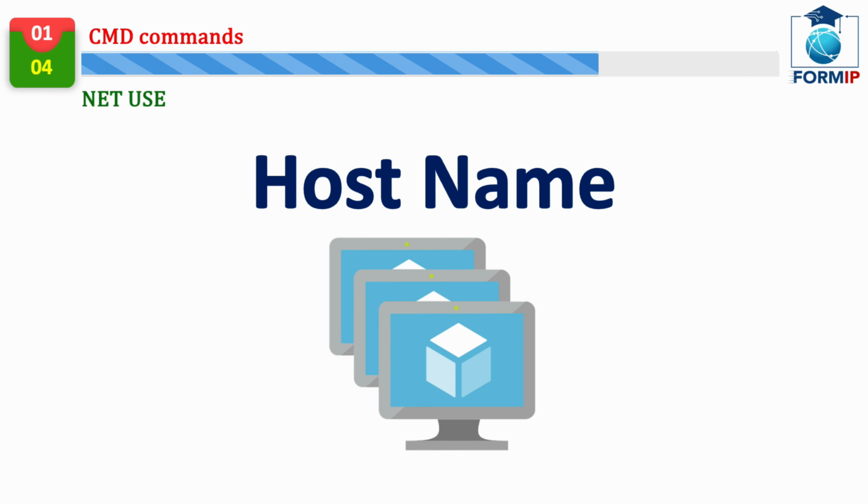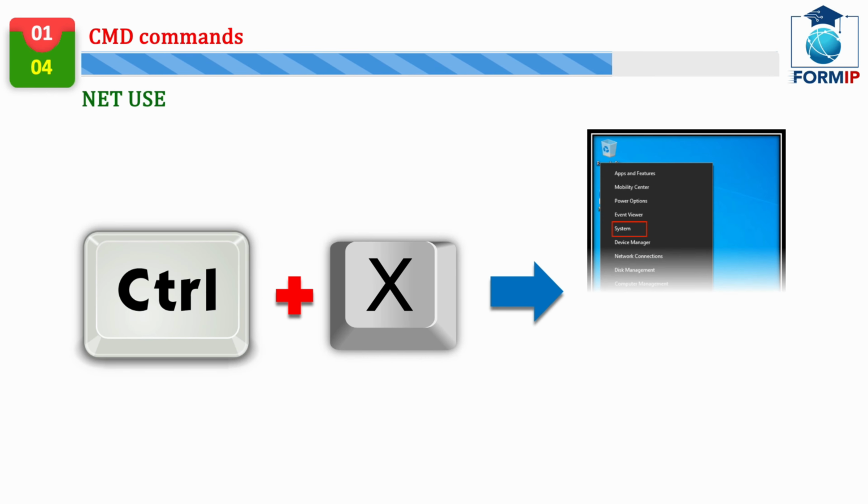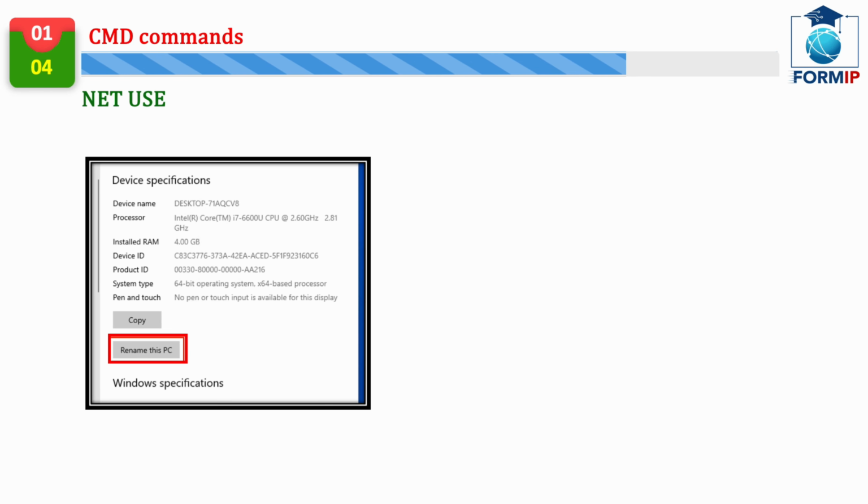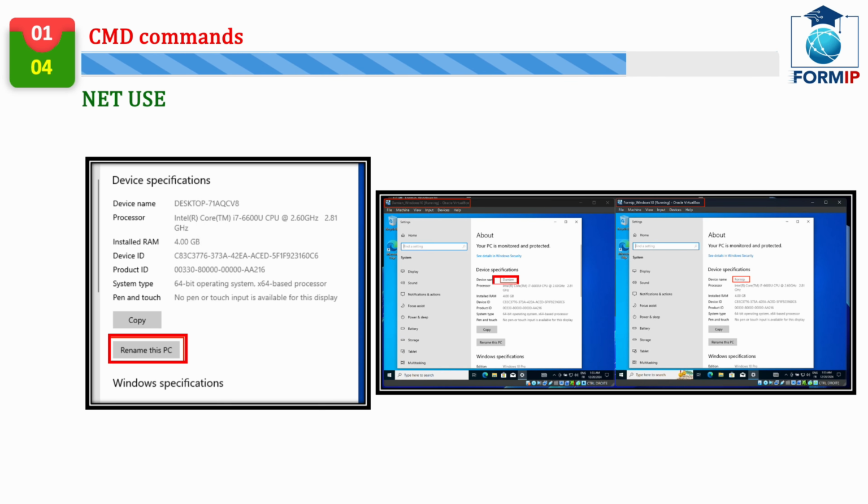On each VM, press Ctrl plus the X key and click on System. Then, click on Rename your PC and give it a name that is easier to remember. For my part, I put Formip for the first VM we installed, the one where the partitioning of the disk took place, and I put my first name Damien on the newly installed VM.